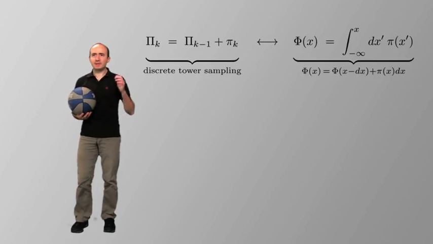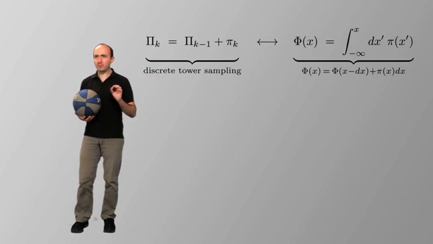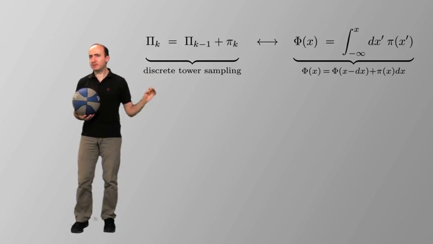To summarize in a mathematical way the discussion that we have had up to now on a specific example, let us make explicit the correspondence between the discrete and the continuous cases. As displayed here, the first step consists in computing the definite integral of pi between -infinity and x. This is the function that we called phi of x.